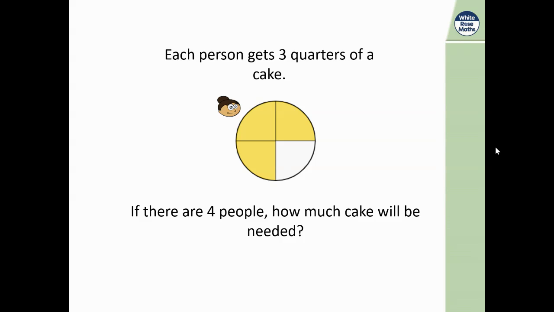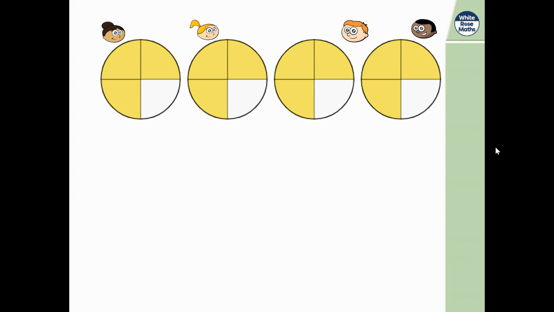Each person gets 3/4 of a cake. If there are 4 people, how much cake would be needed? Okay, so there's our 4 people. They've all got 3/4 of a cake each. So how much? Pause the video quickly, have a try. How many quarters are you going to end up with? So we've got 3 times 4, 3/4.